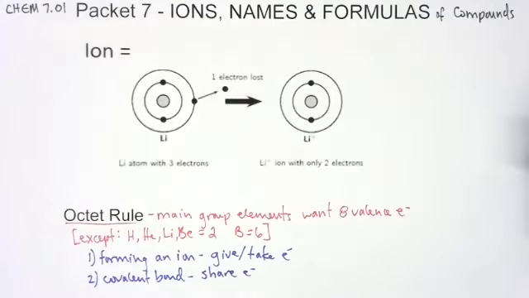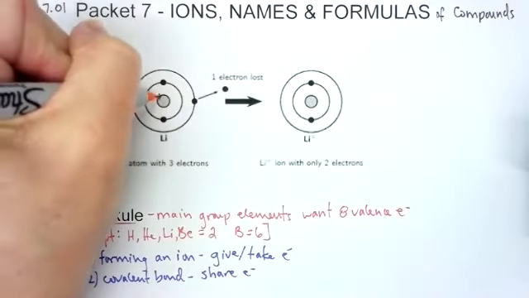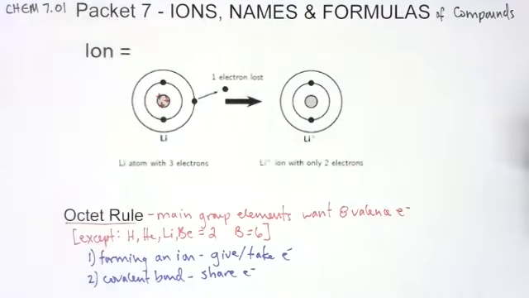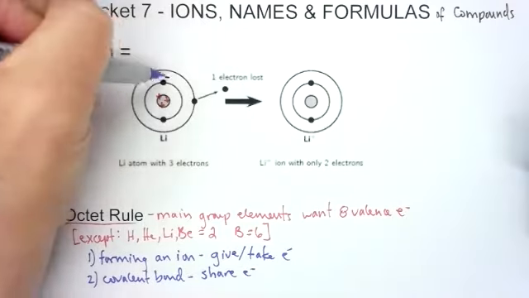We'll get to the new terms here in a second. Up here I have lithium again. And remember, lithium has 3 protons, so I've got a positive, positive, and a positive. Each of these electrons in the orbitals has a negative charge.